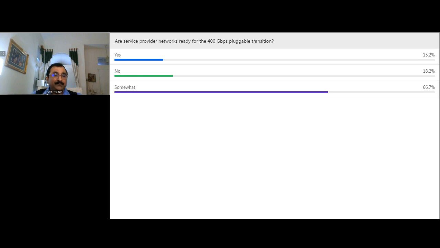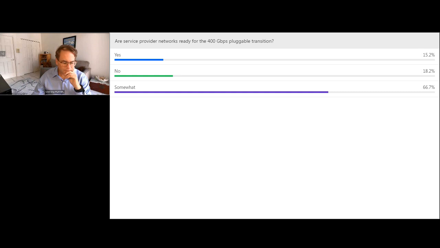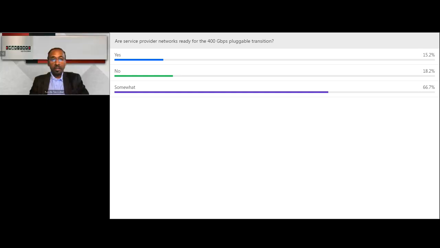Nanda, anything you want to add here? Yeah, so not surprised by the results. And I think there are reasons for this. There are a lot of legacy platforms in service provider networks. They are not capable of hosting these high-powered 400G pluggables.